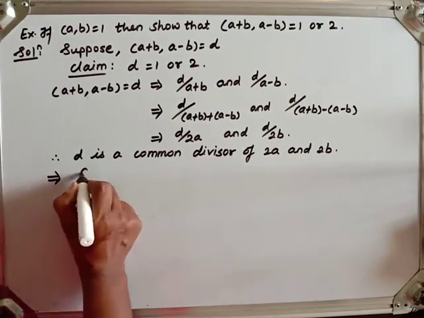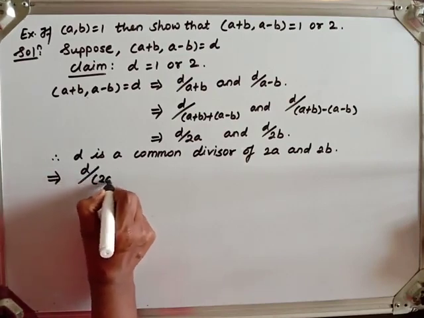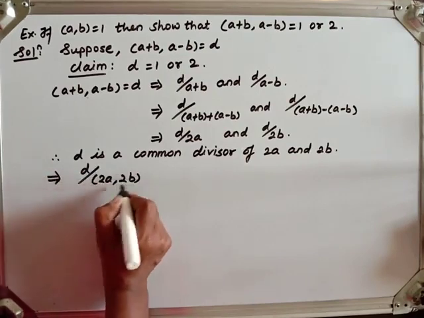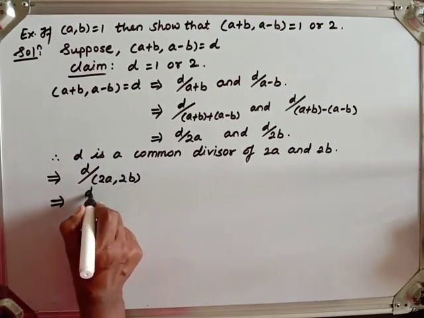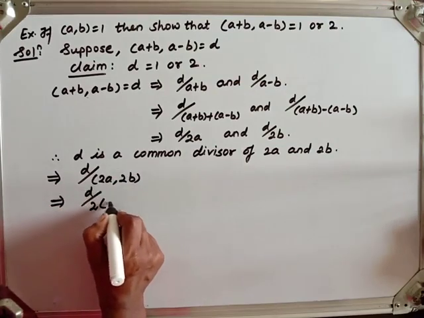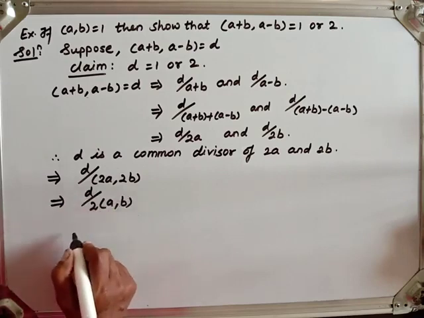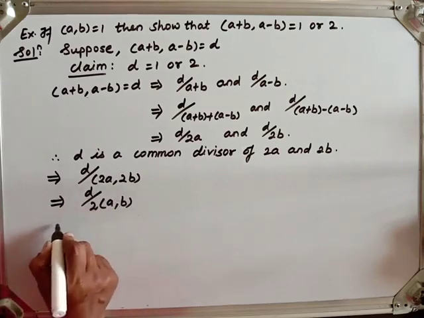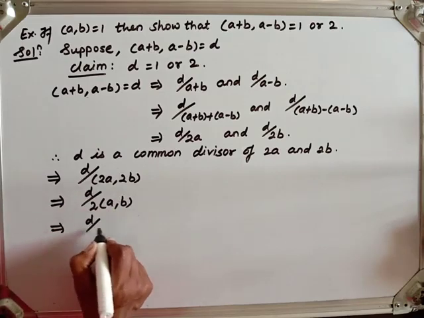So this says d divides the GCD of 2a and 2b also. That is, d divides 2 times the GCD of a and b also. And now this gives d divides 2.